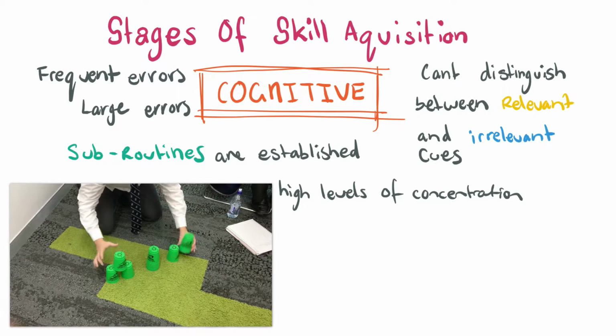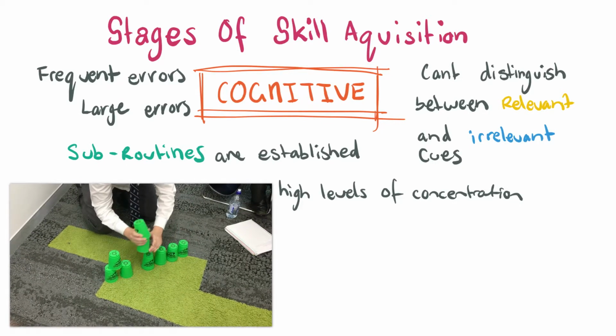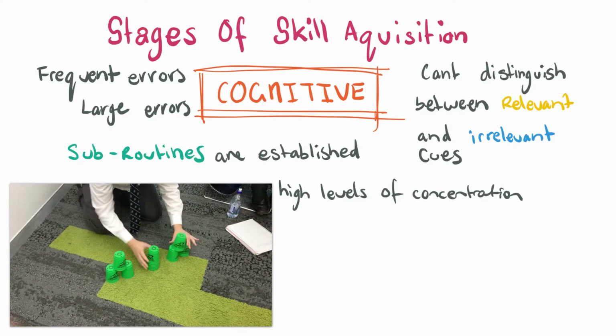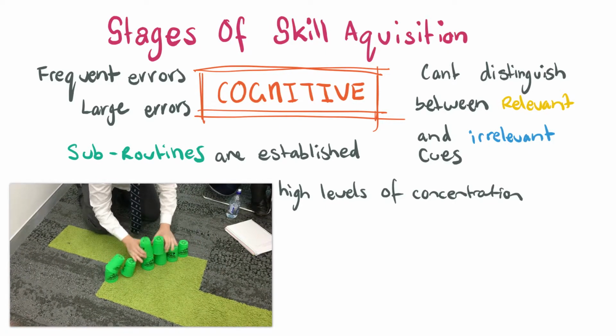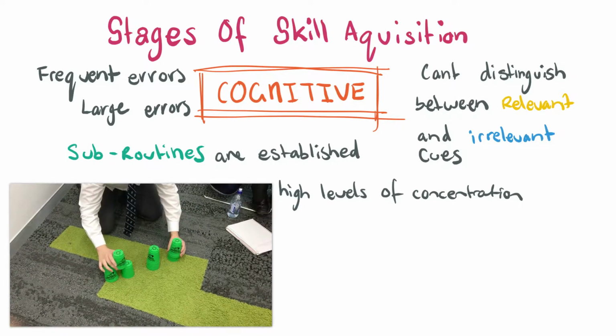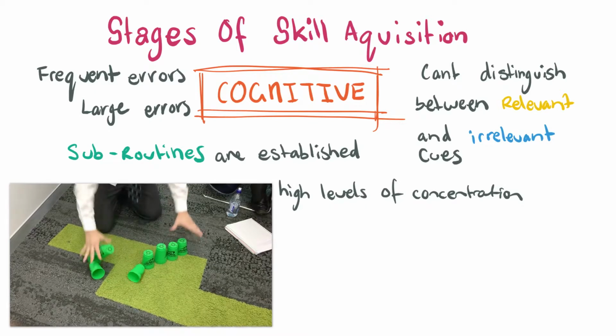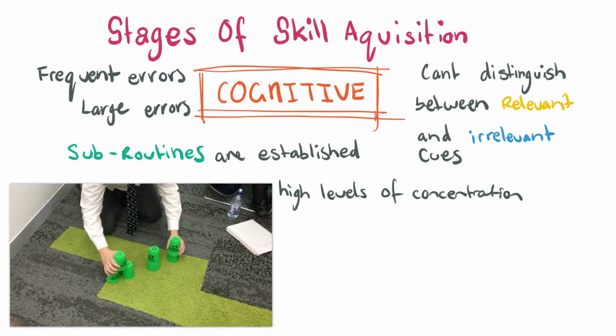And they're not quite sure whether they can distinguish between relevant and irrelevant cues. So you can see that the learner down here below in the video is trying to set up cues of ordering things into groups of 3s or 6, but can't quite work that out because of the way the cups are stacking.